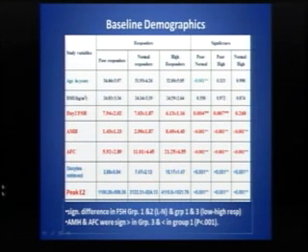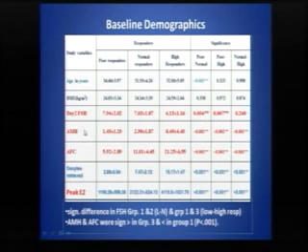Now what we saw was that the poor responders were significantly older than the normal and high responders. In BMI, there was absolutely no difference. FSH was significantly higher in the poor responders, group 1, as compared to both the normal and the high responders.